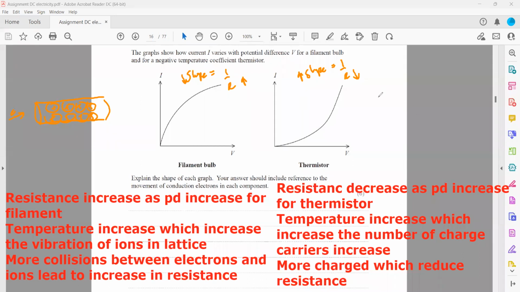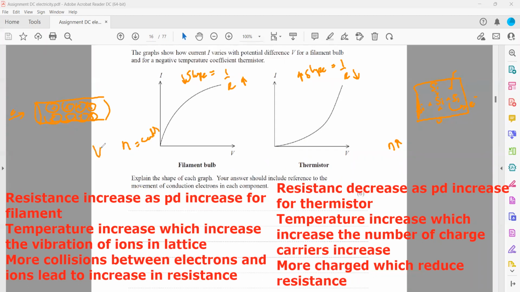In the case of the semiconductor, which has silicon or germanium as the main base element, when we increase the voltage, the temperature is also increasing. As a result of heat energy, electrons will come out from the structure, so the number of charge carriers increases. But in the case of metal, the number of charge carriers does not change, it is constant.